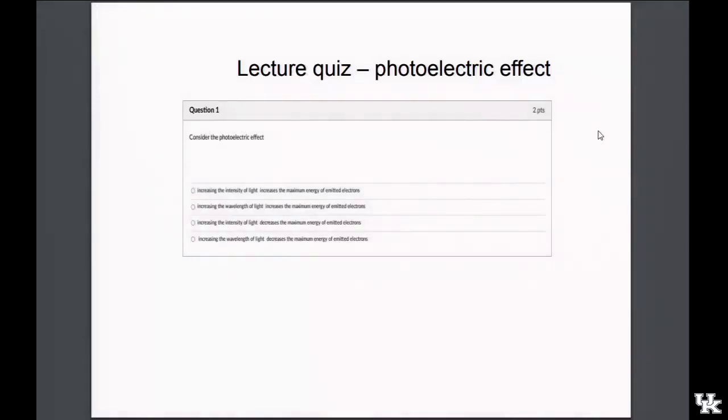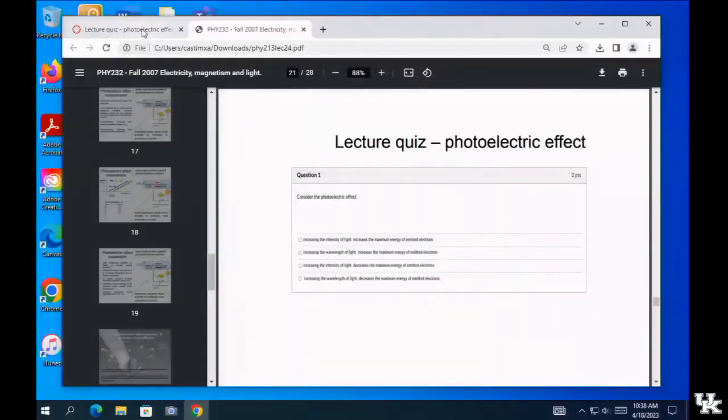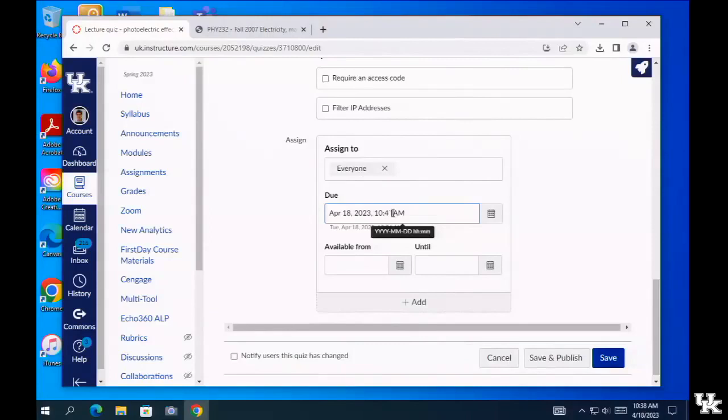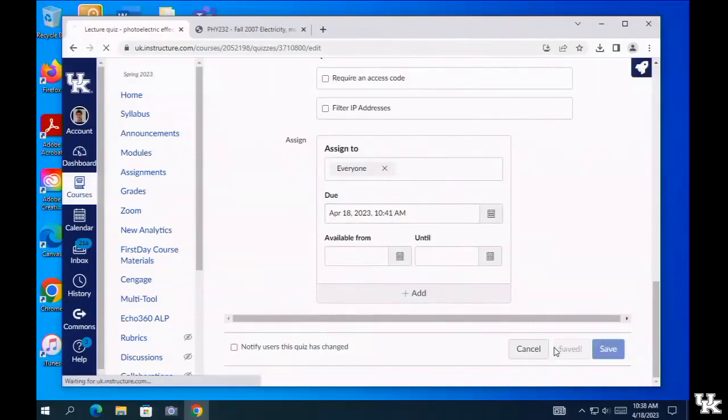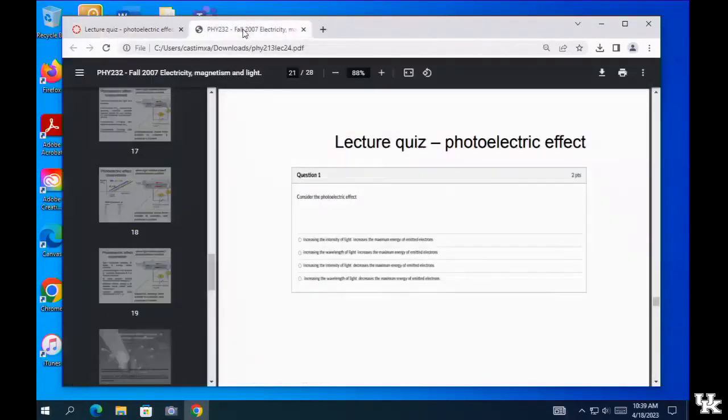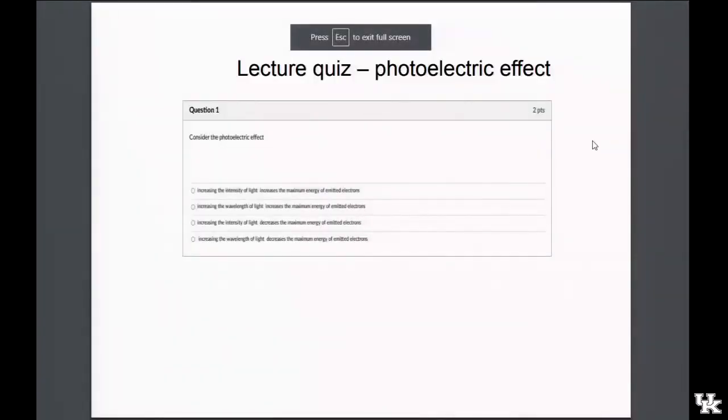Okay, quiz question. In this quiz question, you're asked to think about the photoelectric effect, and you're asked to pick which statement is correct down here.